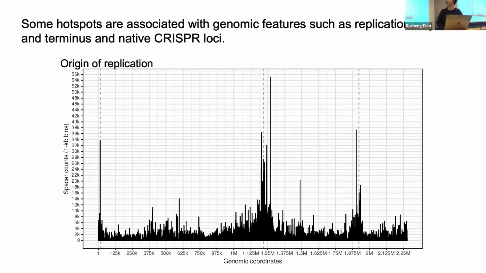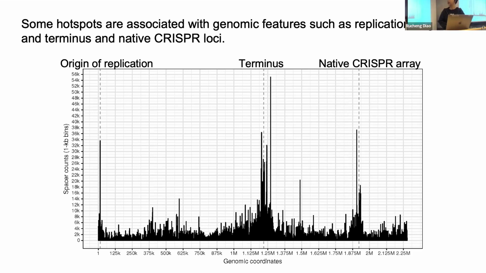For example, on the very left there is the origin of replication, and in the middle is roughly where the terminus is. And the third one is where the native CRISPR array is. So we think it is likely related to single-stranded DNA availability for the CRISPR-Cas system to take up a strand of DNA as new spacers.